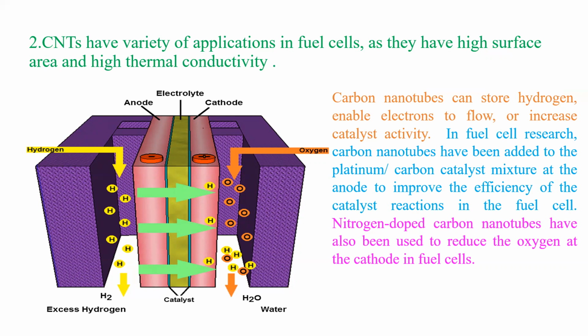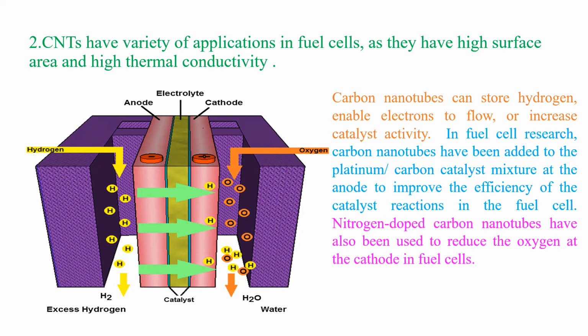In fuel cell research, these carbon nanotubes have been added to platinum or carbon catalyst mixture at the anode to improve the efficiency of catalyst reactions in the fuel cell. The efficiency of catalyst reactions has been shown to improve when the carbon nanotubes are added to platinum or carbon catalyst mixture at the anode. And next, nitrogen doped carbon nanotubes are also being used to reduce oxygen at the cathode in fuel cells.